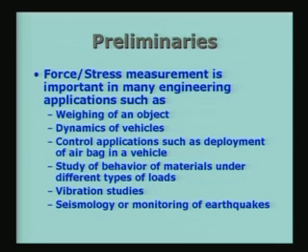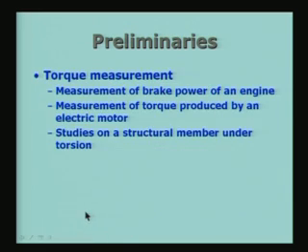These are the things which we need to study. And in fact, in seismology, which is the study of earthquakes, to monitor the earthquake you require a measurement instrument which will measure the acceleration or the forces which are going to be operative because of the earthquake. So in all these cases, forces and stresses are going to be the measured quantities.